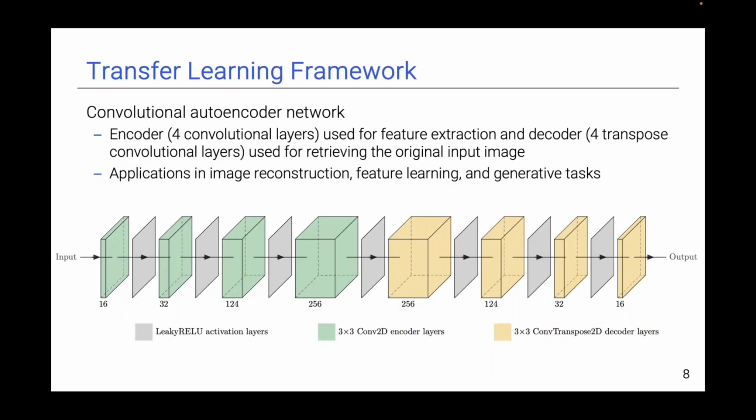Going on to the idea of transfer learning and our surrogate model network, we use an autoencoder architecture where we have encoder layers denoted by green boxes and decoder layers denoted by yellow boxes. We have 4 convolution layers in the encoder, which extract the physical flow features from some input image.